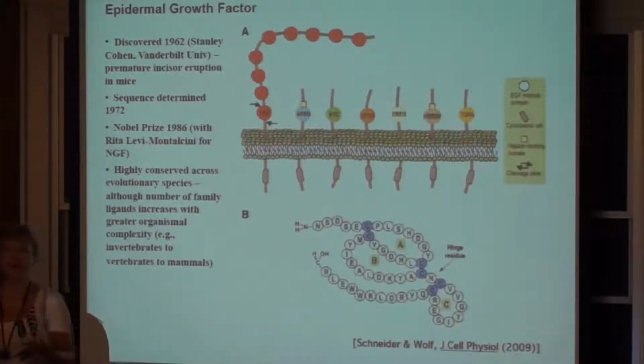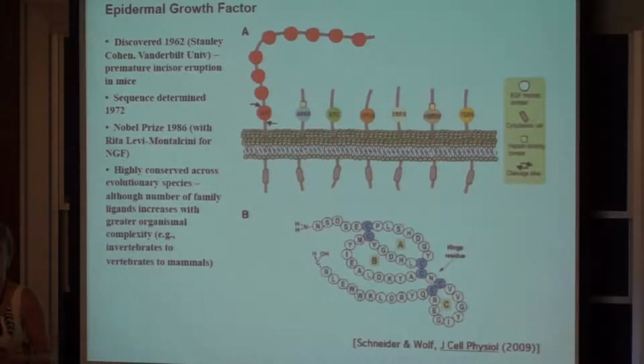Okay, so most people think of EGF as this reagent you get from Sigma and pipette into your cell culture media. But in fact, these are all made as membrane-bound precursors. Okay, they're not secreted. Insulin is secreted. And so here's where a big difference is. These are made as membrane-bound precursors that sit on the cell membrane until something cleaves them off.